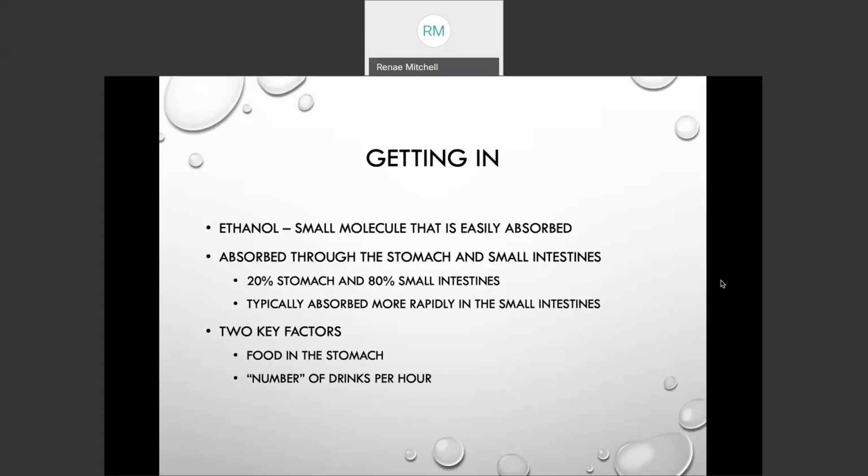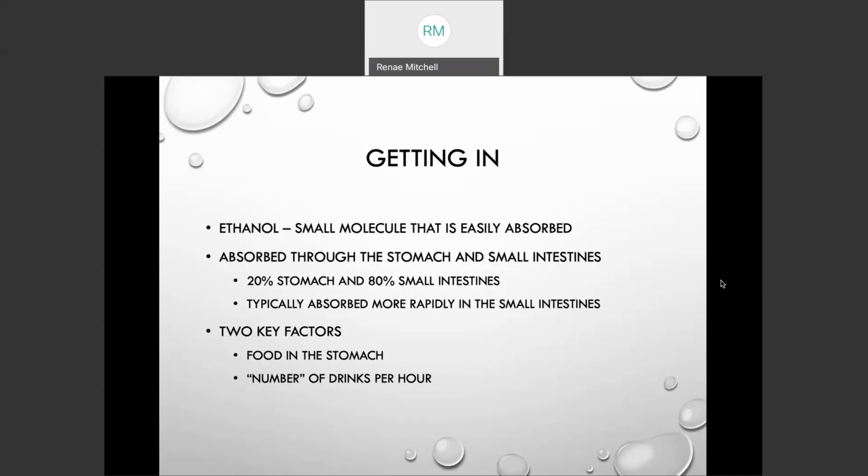In the stomach, there are two factors that really affect absorption. One is just the physical presence of food in the stomach slows down the absorption of alcohol, and also the number of drinks per hour. And so, again, thinking about those standard drinks that I talked about a moment ago, alcohol has an interesting quality, which is that you can ingest alcohol quicker than you can notice the intoxicating effects of alcohol.